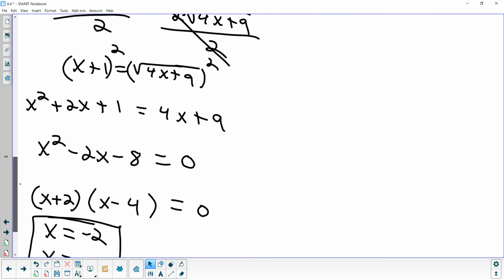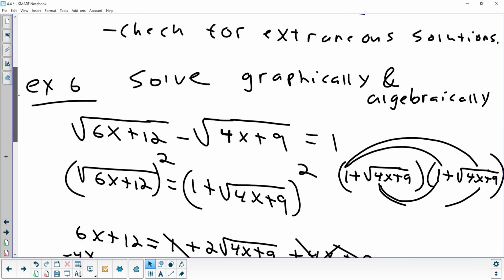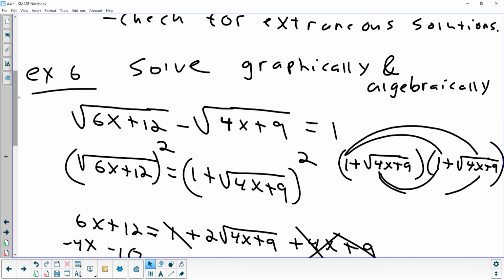Or actually, we wouldn't have a divide by 0, but we have to check. All right, let's check negative 2. What's 6 times negative 2, plus 12? 0. And what's the square root of 0? 0. So we have 0 minus, we're plugging in negative 2, right?